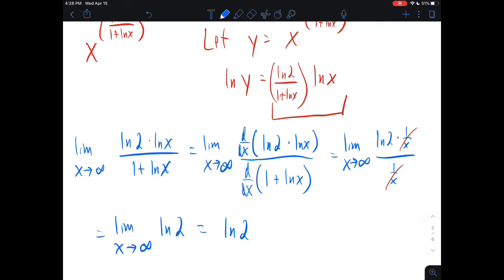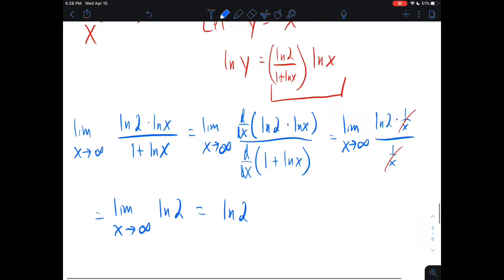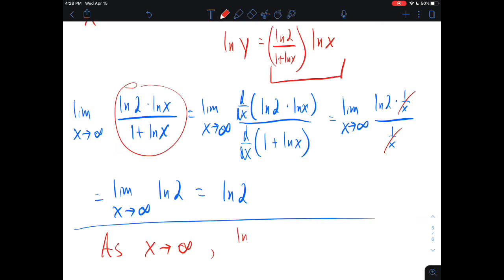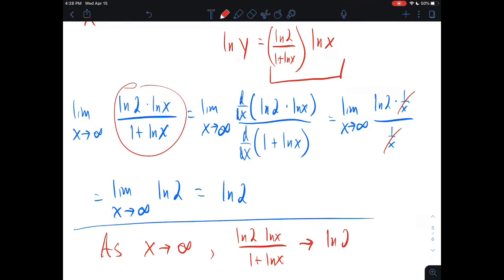Now to show you what this means, let's connect a couple of things. As x approaches infinity, the fraction that we started off with here, natural log of 2 times natural log of x divided by 1 plus the natural log of x, approached the natural log of 2.